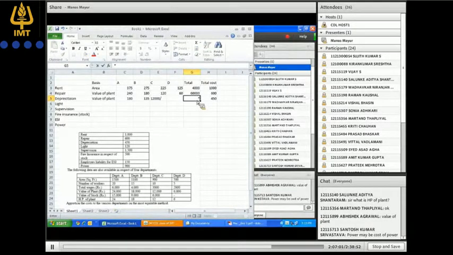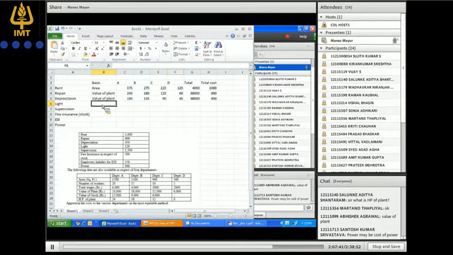For C, 12,000 divided by the total value multiplied by the depreciation cost, and for D it is 6,000 divided by the total value multiplied by depreciation. So this is how depreciation cost can be distributed to all these four departments.